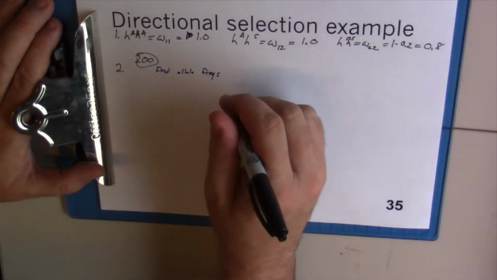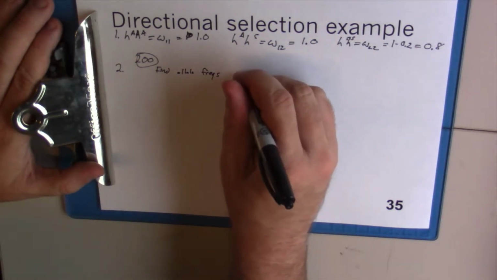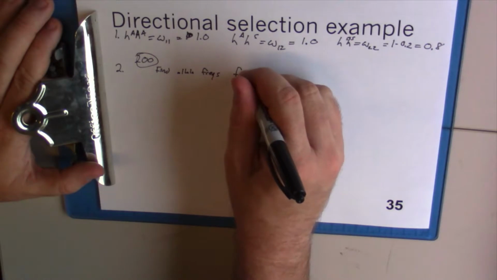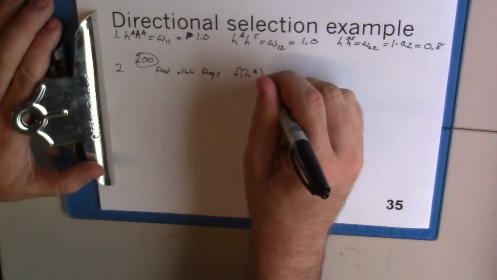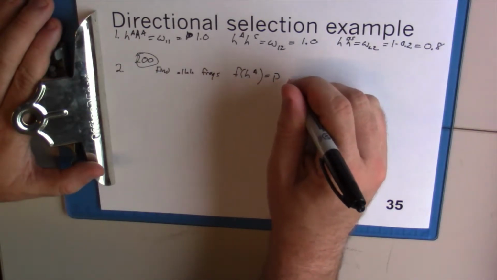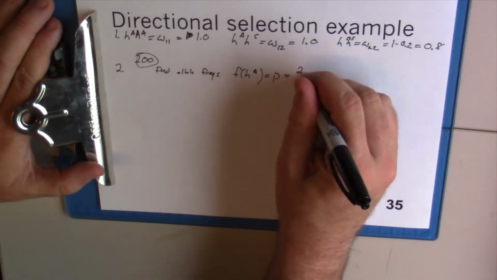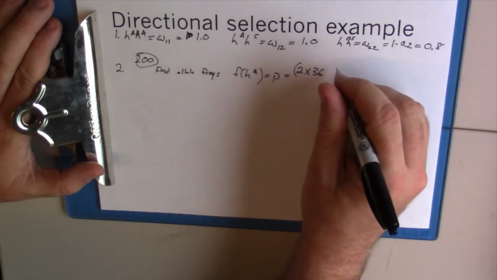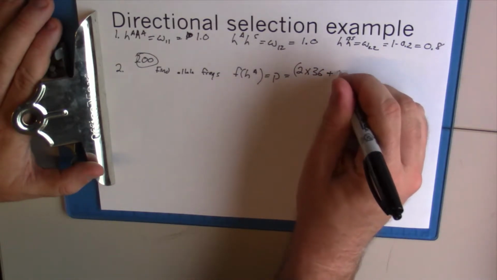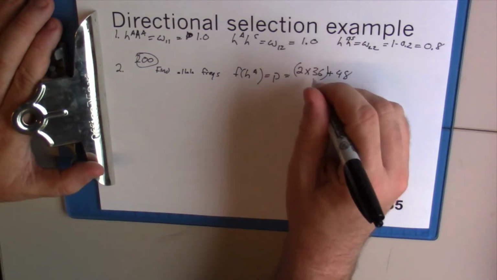And we do that just like we do for a Hardy-Weinberg problem. So the frequency of HA is equal to p, and that is equal to 2 times 36 plus 48.